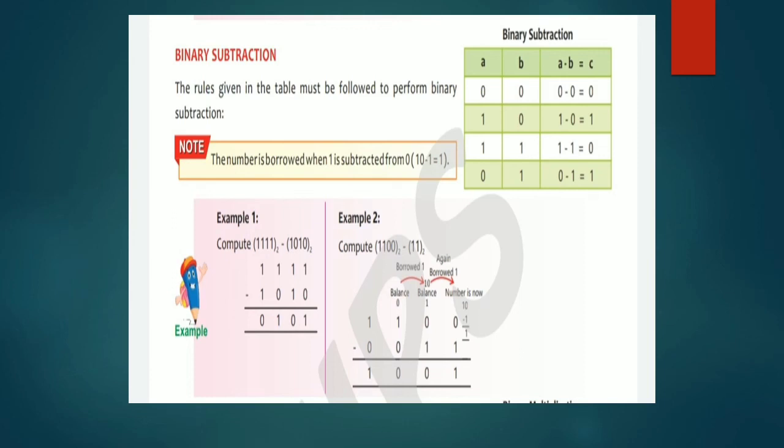Okay, and here balance is 0 and 0 minus 1 is 0 and 0 minus 0 is 0 and 1 minus 0 is 1. Binary subtraction is also very simple.